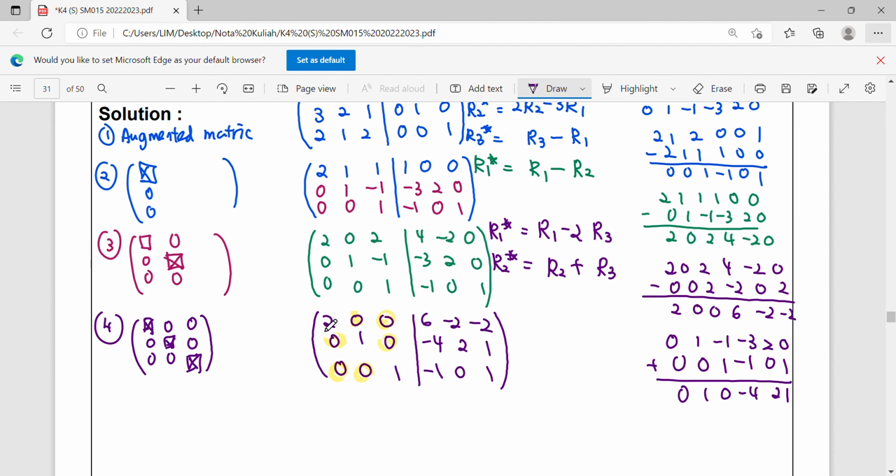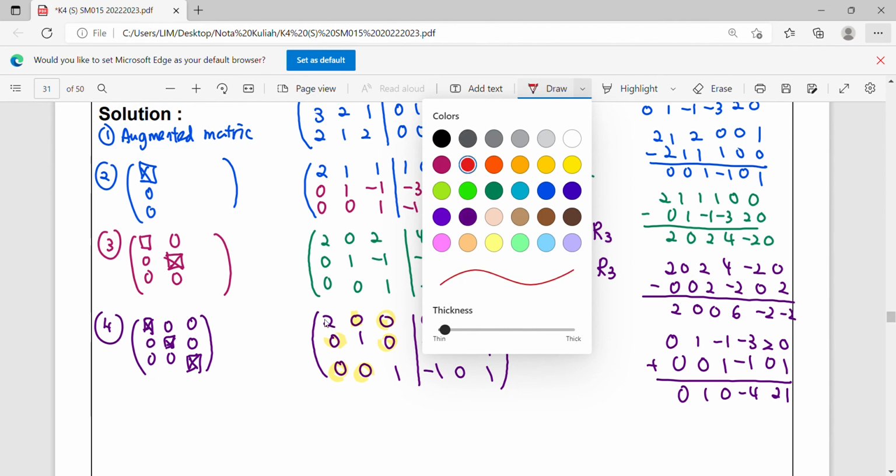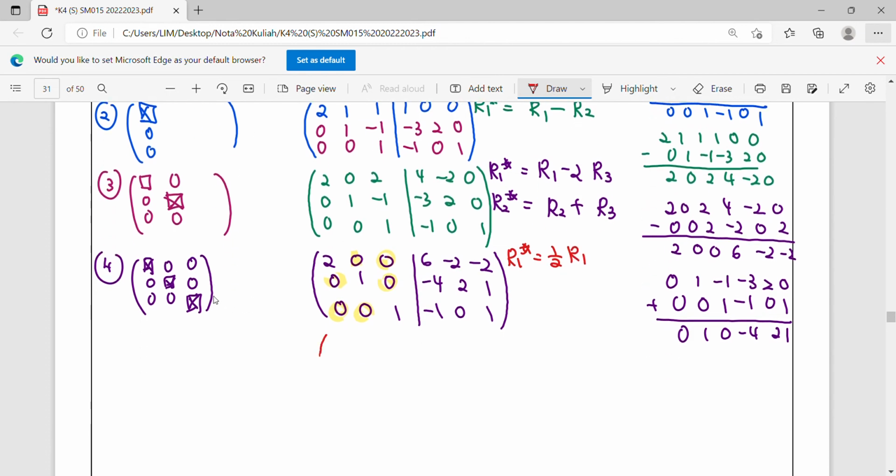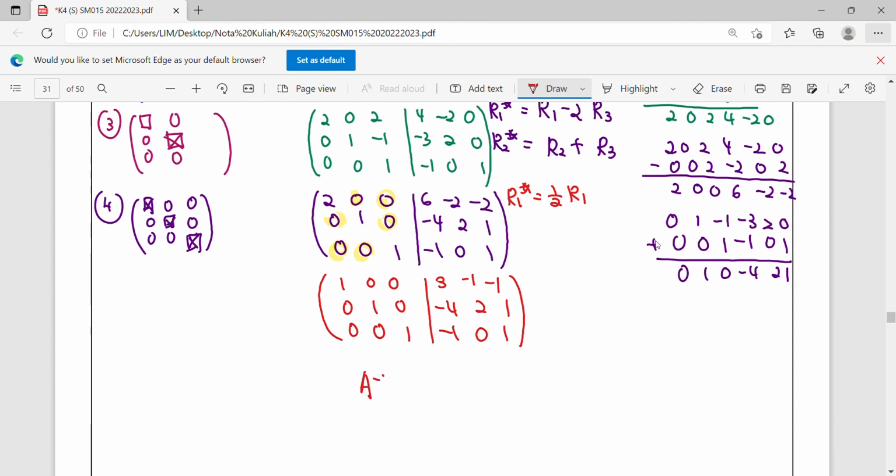So for the last step, we change row 1 so the leading element is value 1. We're going to divide by 2 for the entire row. Row 2 and row 3 are already achieved. Just operate for row 1, divide by 2. Finally, we pick up our A inverse.